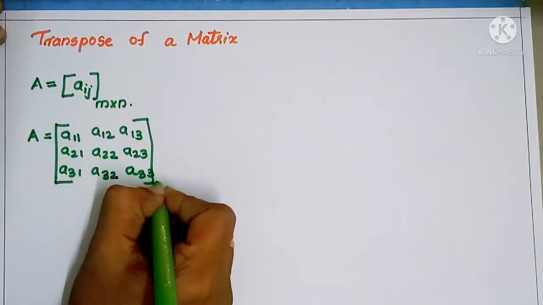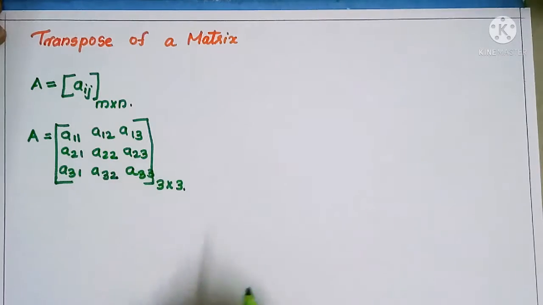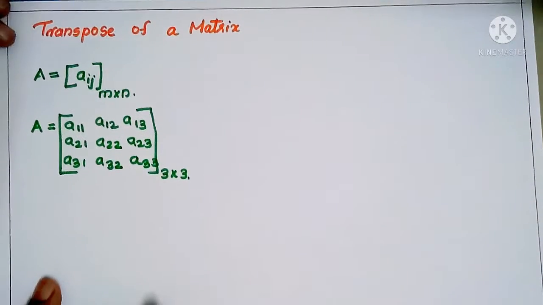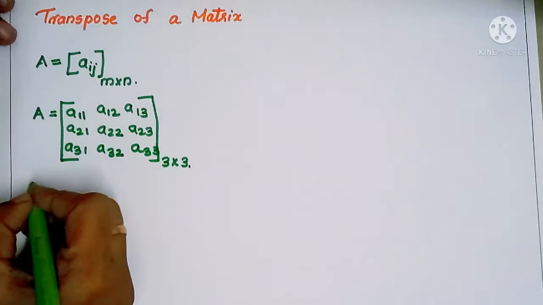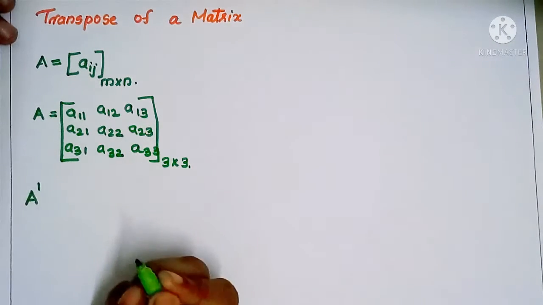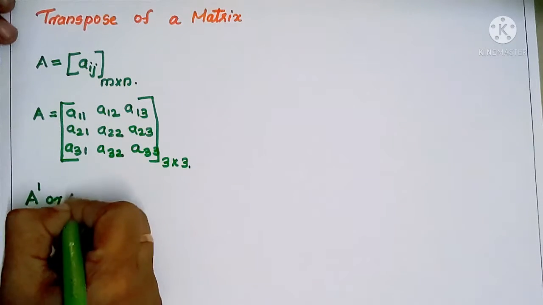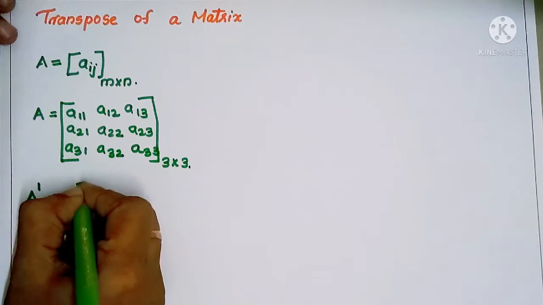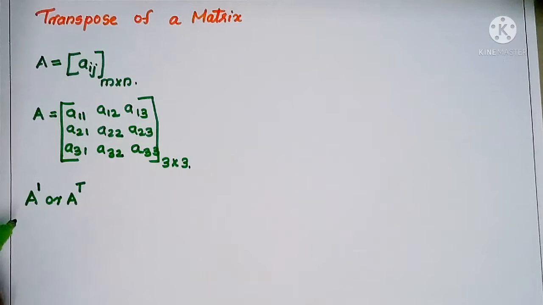This is a 3 by 3 matrix. Also we need to find the transpose of a matrix. To represent the transpose we can write A' or we can use AT. This is the representation of the transpose of a matrix.